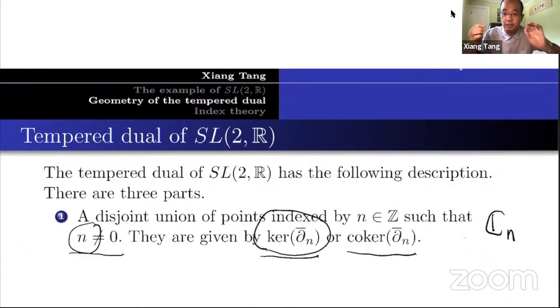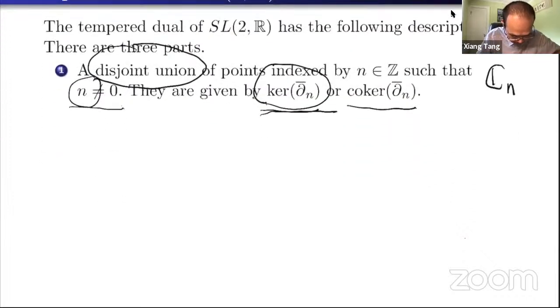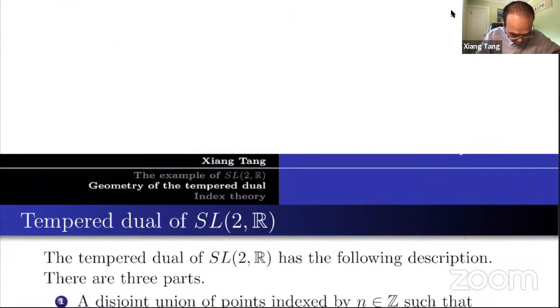If you are not familiar with this term, just forget about it. What I mean here is discrete really just refers to this tempered dual, this topological space I just described to you, these points are discrete. They are isolated points. So we have a bunch of points indexed by n. They are like the holomorphic functions, holomorphic forms, and then weighted holomorphic functions. So that's the discrete part.